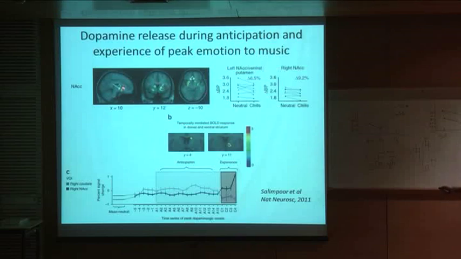Using a technique called positron emission tomography, where you can follow neurotransmitter concentration in the brain by introducing a chemical agent that binds this neurotransmitter, it was found that in the nucleus accumbens, during chills, there was a reduction in the signal, which indicates an increase in the secretion of dopamine in the area. That was bilateral, in the left and the right nucleus accumbens.